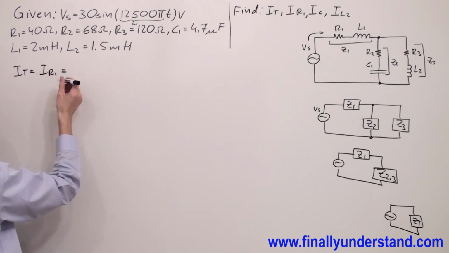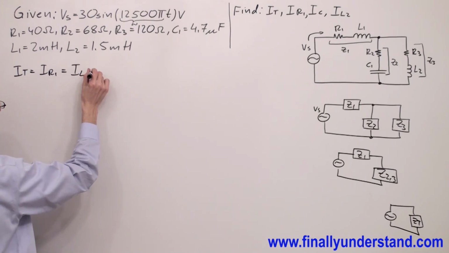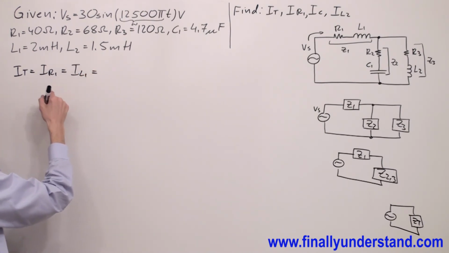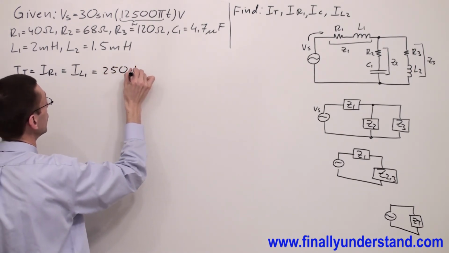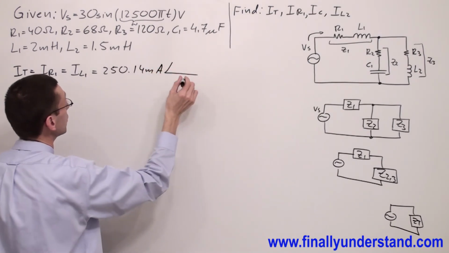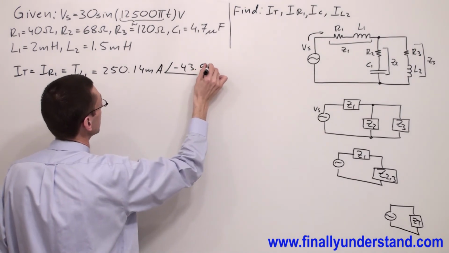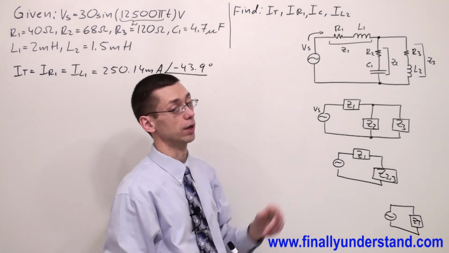And this is also equal to the current which goes through the inductor L1. So we can say that IR1 is equal to I total and has value 250.14 milliamps and angle of negative 43.9 degrees. So this is my IR1.